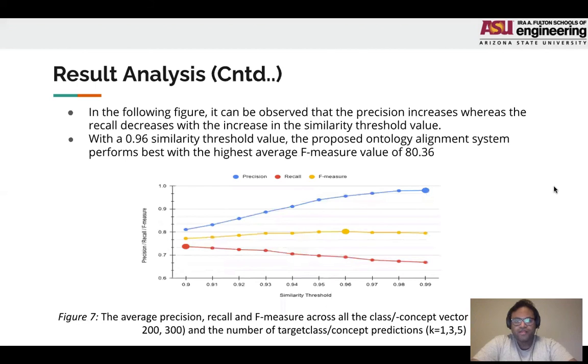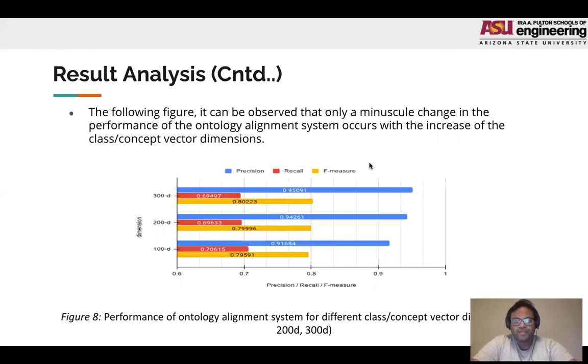Now, in the result analysis, we can see that with the similarity threshold value, the precision is increasing and the recall is decreasing. We have found that at the threshold value of 0.96, we got the best F score value. Here we can see with the different dimensions, obviously with the 300 dimension, we have better results.